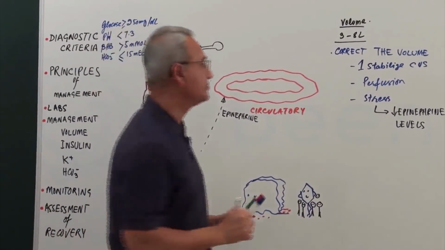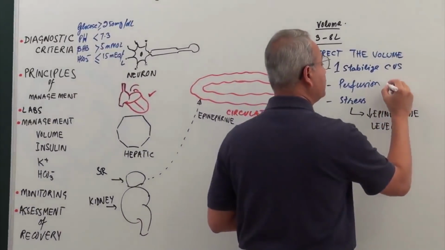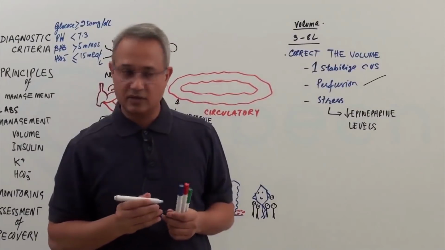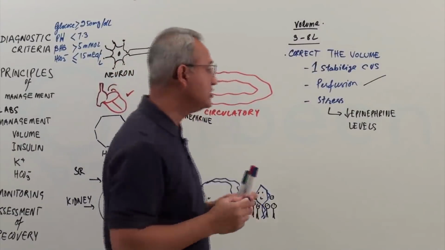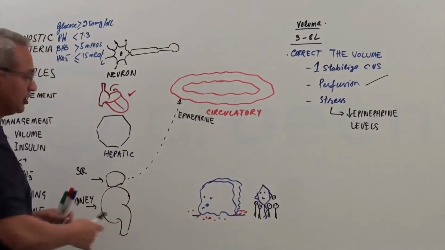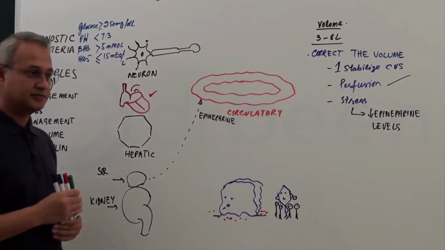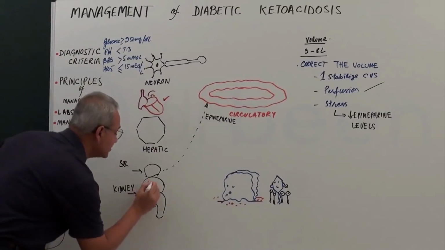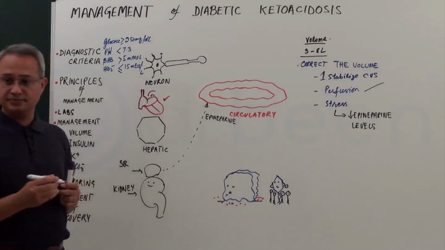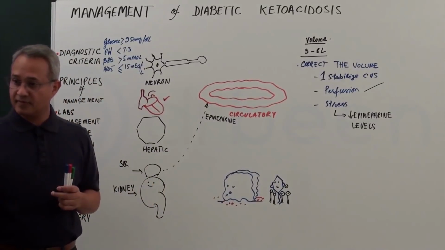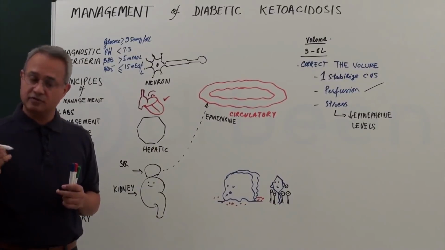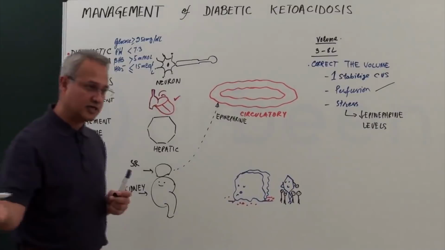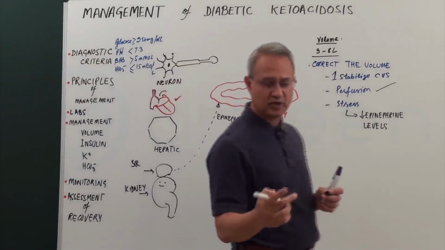That's one. Second, when you improve the perfusion, what is the tissue that would really help you? Who is your friend in this whole body, in this situation? Kidneys are your friends. Why are kidneys your friends? The answer was they would decrease glucose by glycosuria, that is one, okay.